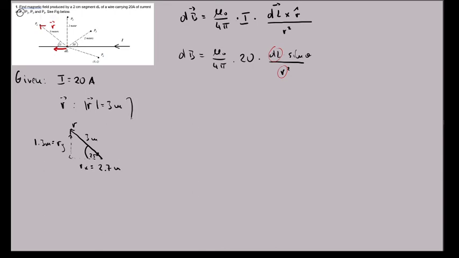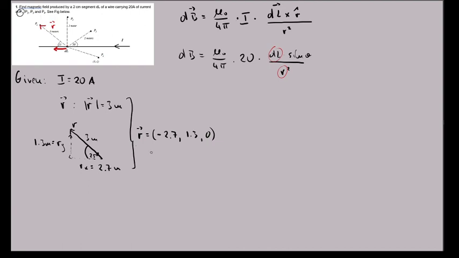In other words, vector R is going to be, now I have to pay attention to the signs because it points to the left, so negative 2.7, and then the y is going to be 1.3. If I wanted to add z to it, I would just put 0 for z. I don't think there's a need for that, but there's that. And of course, the magnitude of R, I already have that there.